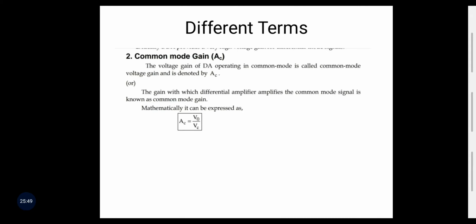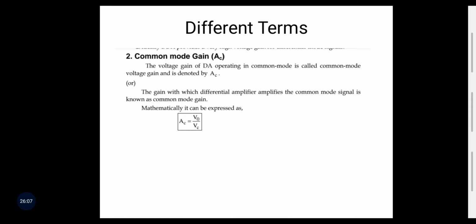Next, common mode gain. What is meant by common mode gain? The voltage gain of a differential amplifier operating in common mode is called common mode voltage gain and is denoted by AC.